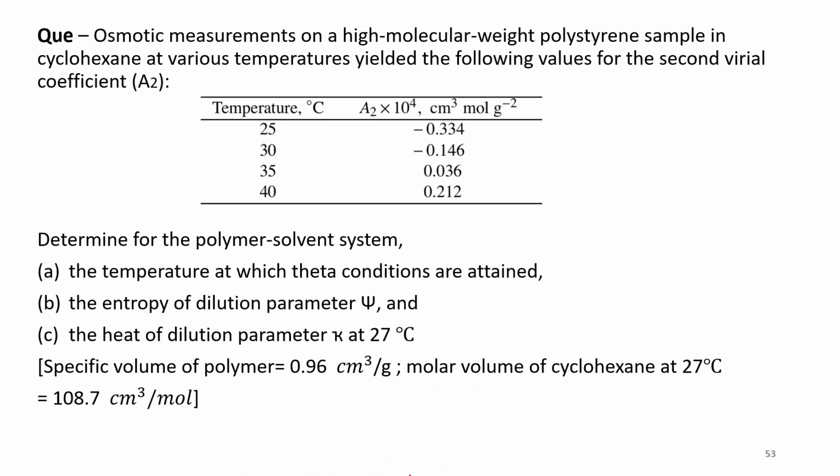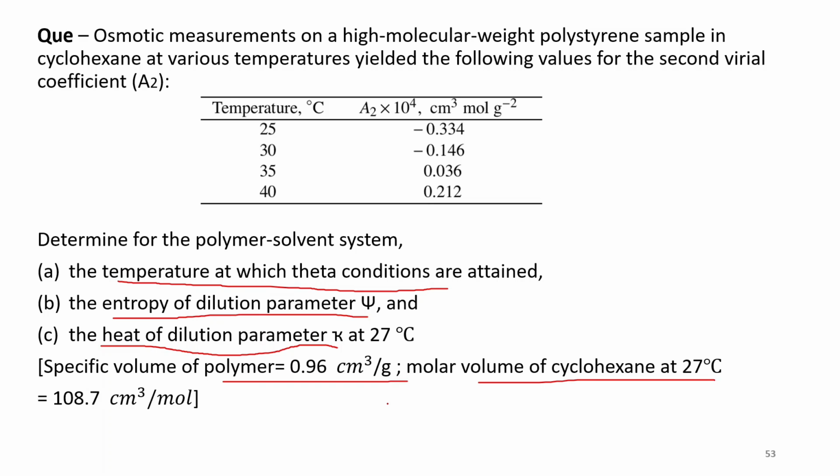We need to determine, for this polymer solvent system, the theta temperature, the entropy of dilution parameter, and the heat of dilution parameter, where the specific volume of the polymer is given and the molar volume of the solvent, cyclohexane, at 27 degrees Celsius is given.